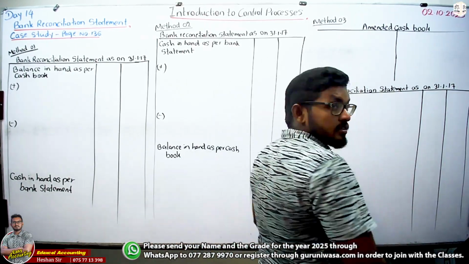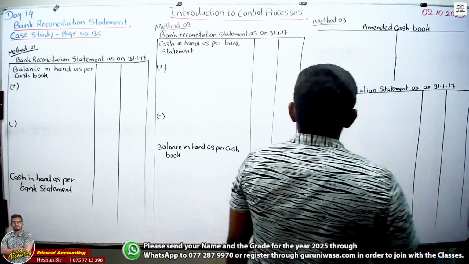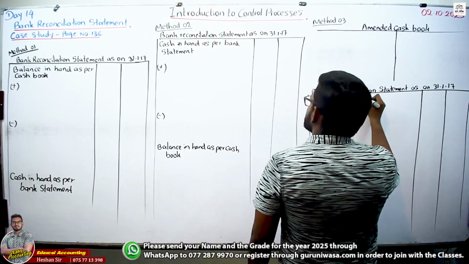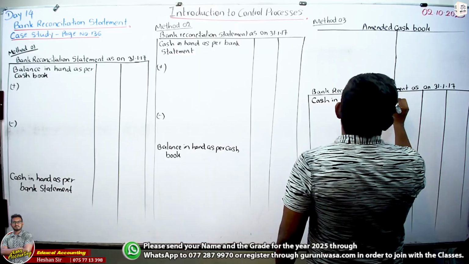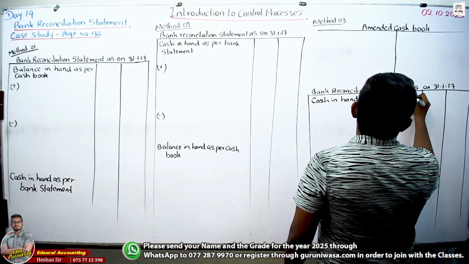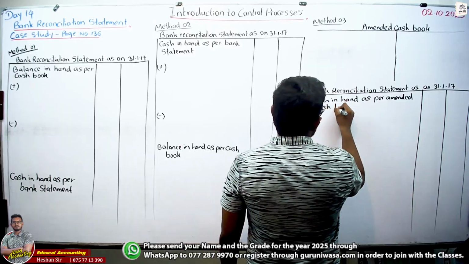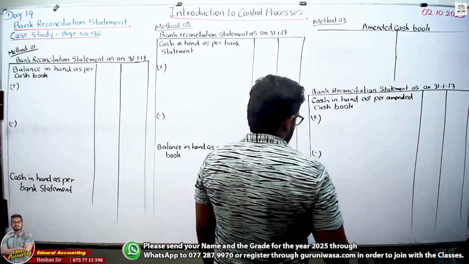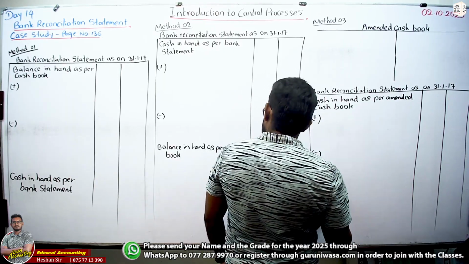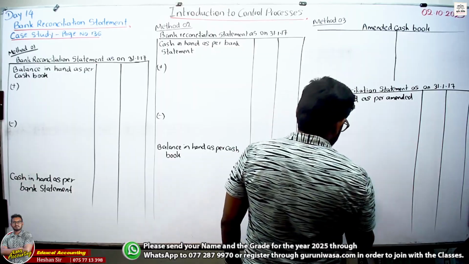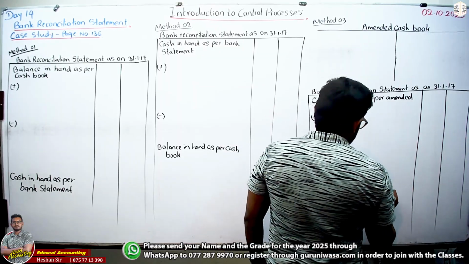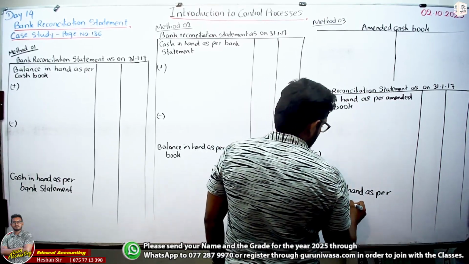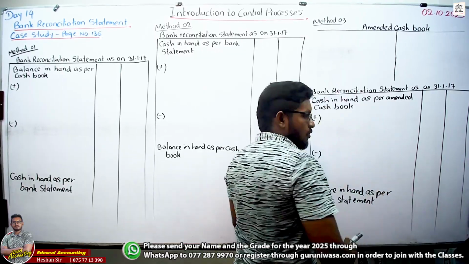So then I'm taking cash in hand as per amended cash book, plus, minus, then balance in hand as per bank statement. Let's see, we can use all methods, right?